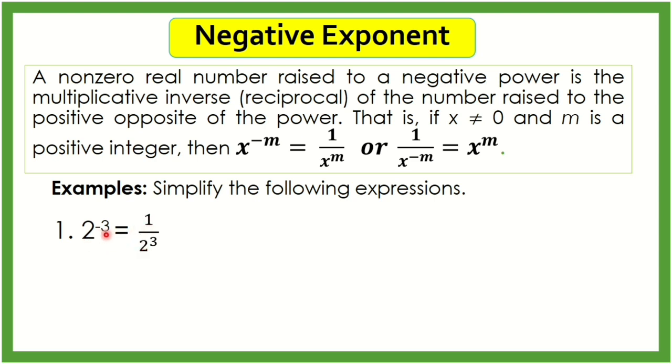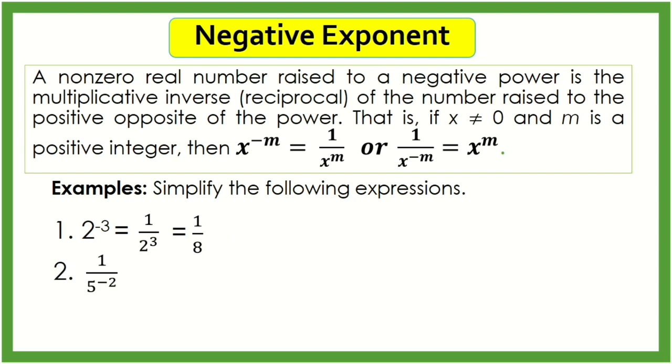Yung exponent natin na negative 3, magiging positive 3 na. So, we have 1 over 2 cubed. Then, simplify. 2 cubed is equal to 8. 2 times 2 is 4 times 2 is 8. So, our answer is 1 over 8.